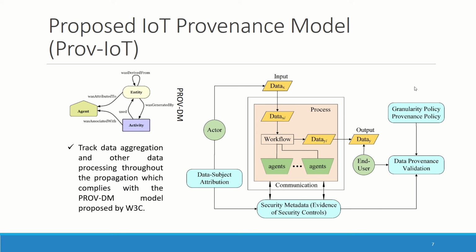So it is really possible that a process consists of a sequence of different kinds of workflows. Here we include the data subject attribution, which is used by the model to report which subject is attributed to which data. Various data can be aggregated to generate the final process.